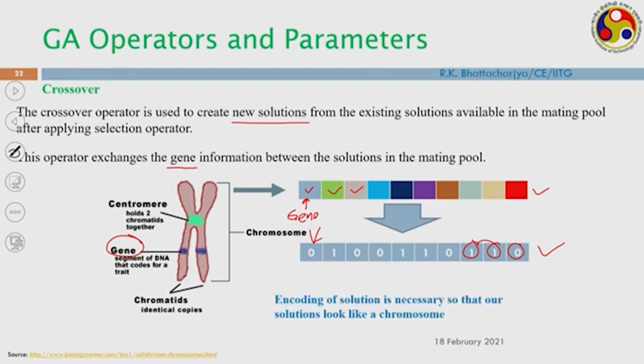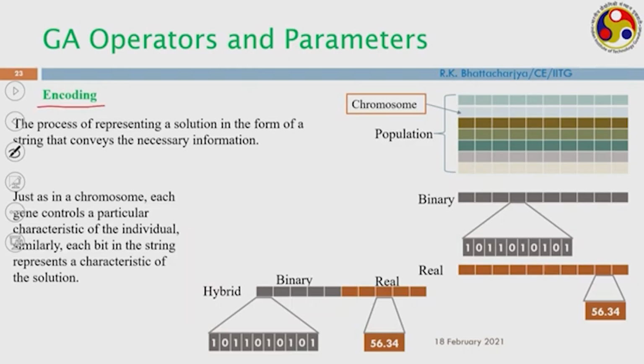For that, encoding of the solution is necessary, so that our solutions look like a chromosome. Whatever solution you have, you have to do the encoding so that it looks like a chromosome. So, what is encoding?